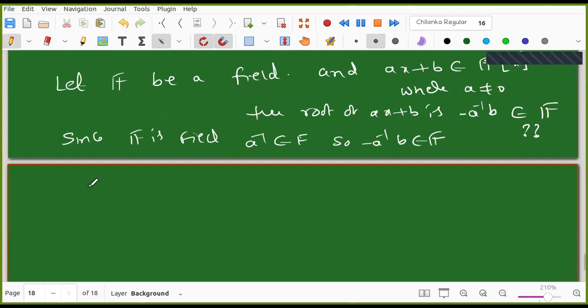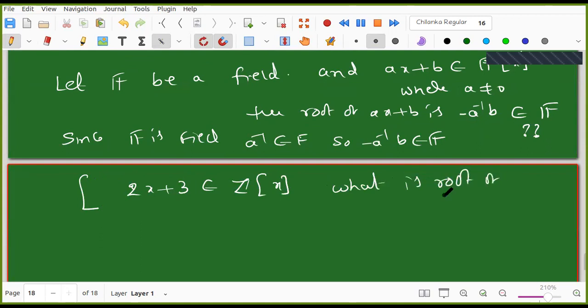For example, be careful here: 2x plus 3 belongs to Z[x]. But what is the root of 2x plus 3? That is minus 3 by 2. But this does not belong to Z. Are you following that? Yes, sir.